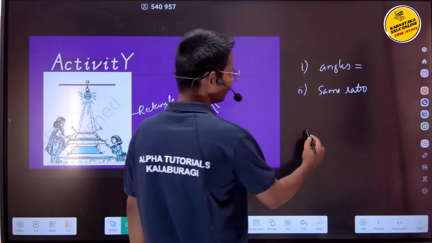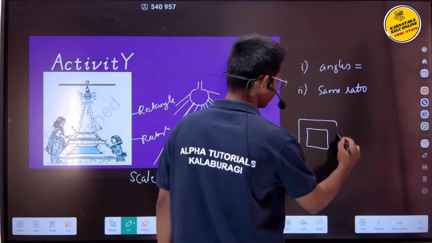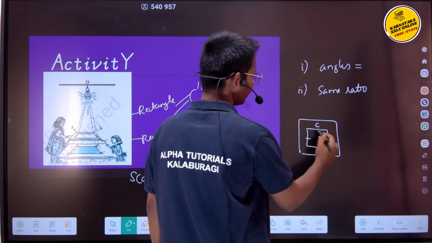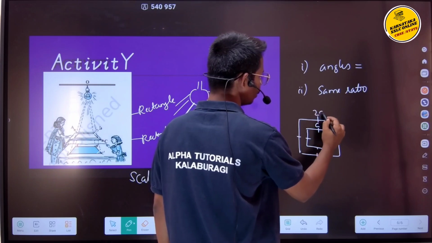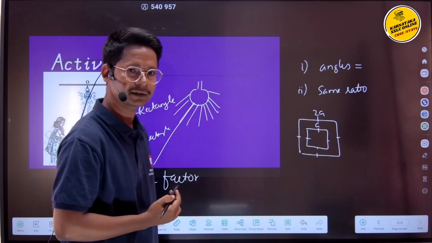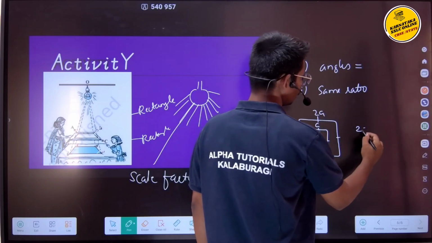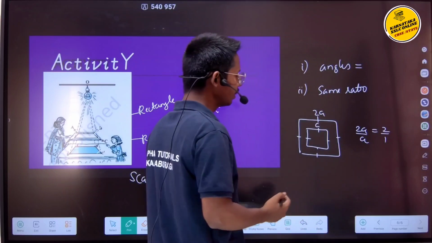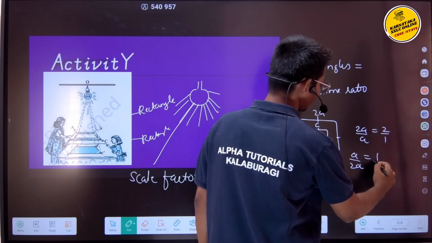If one figure is smaller than the bigger one, and all sides are A for the first square and for the second square all sides are 2A, then what is the scale factor? It will be either 2A by A, so the scale factor is 2 by 1, or if you take A by 2A, the scale factor is 1 by 2.